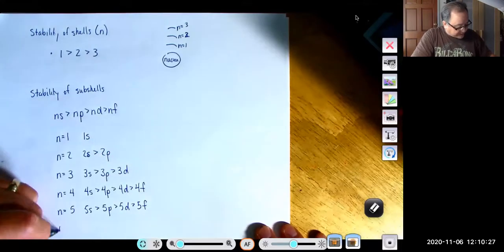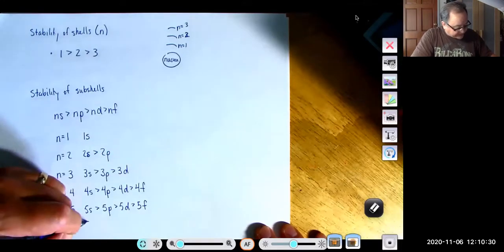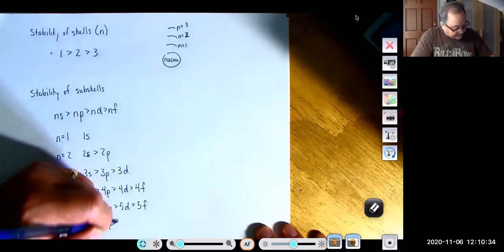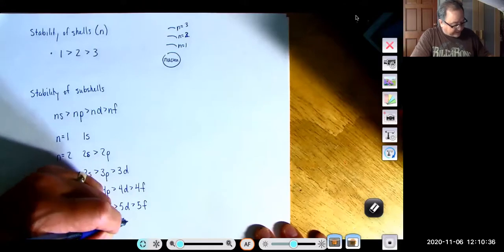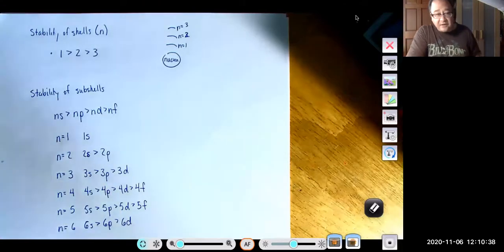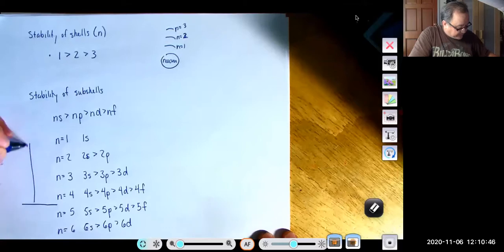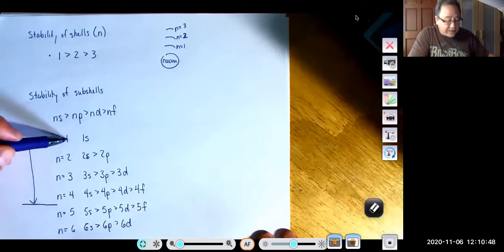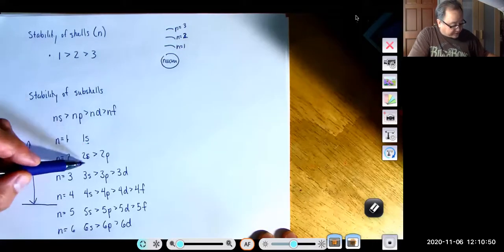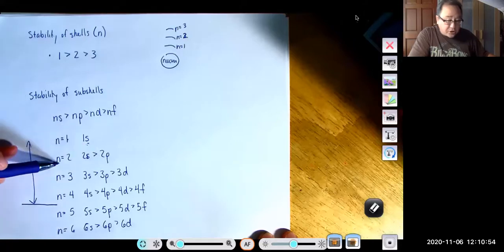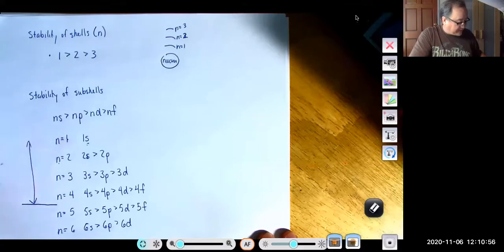But for n equal 6, there's a 6s, there's a 6p, and there's a 6d, and that's it. There's no 6f on the periodic table. So if you look at the first 4 shells, the shell number equals the number of subshells. n=1, 1 subshell, n=2, 2 subshells.